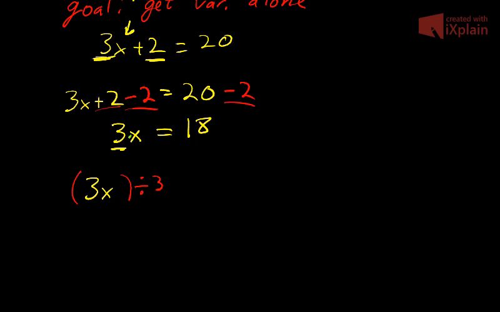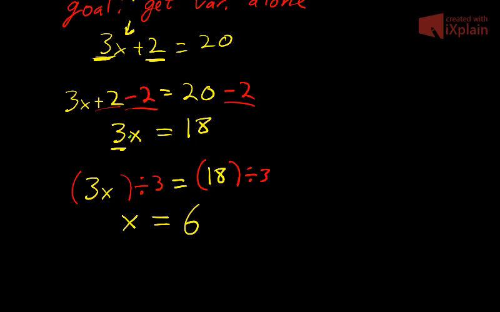That has to be equal to 18, and take all of that divided by 3 as well. So 3 times x divided by 3, we have a multiplied by 3 and a divided by 3. Those cancel out, and I end up with just an x on this side, and that's going to be equal to 18 divided by 3, which is 6. There we go, x equals 6.